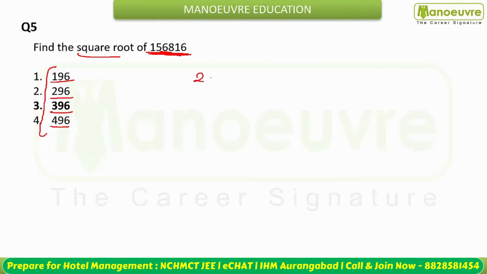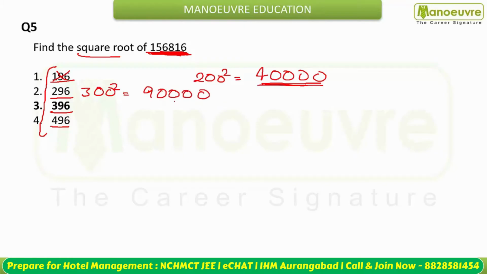So what you have to do is take the square of 200. That is 40,000, which is much less than this number. So 196 cannot be possible. Now I'm checking 300. The square of 300 is 90,000. This is also lesser than this number, so this cannot be the answer. The nearest number to 396 is 400, and the square of 400 is 1,60,000.